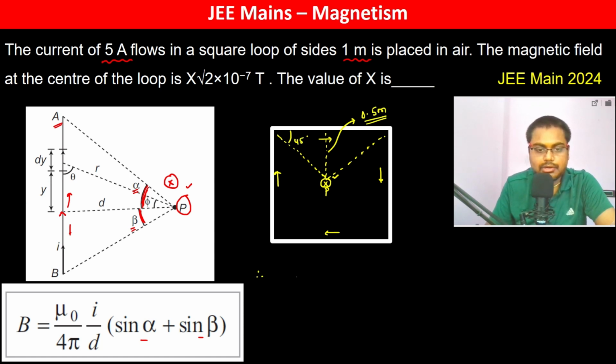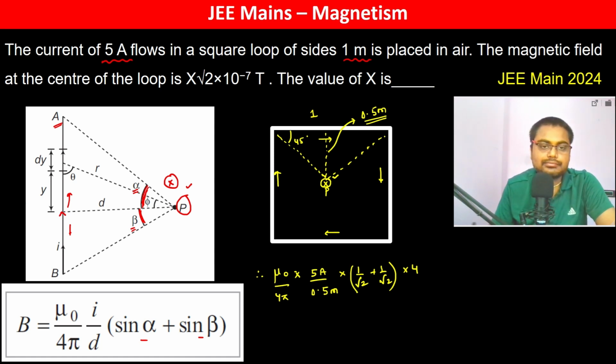So we have the magnetic field due to one wire, which is mu naught divided by 4 pi into I. What is I? 5 ampere, divided by d, which is 0.5 meter, into sine alpha, that is sine 45 degrees, that is 1 by root 2 plus 1 by root 2. And this is due to one wire, through all the four sides it's going to be into 4.